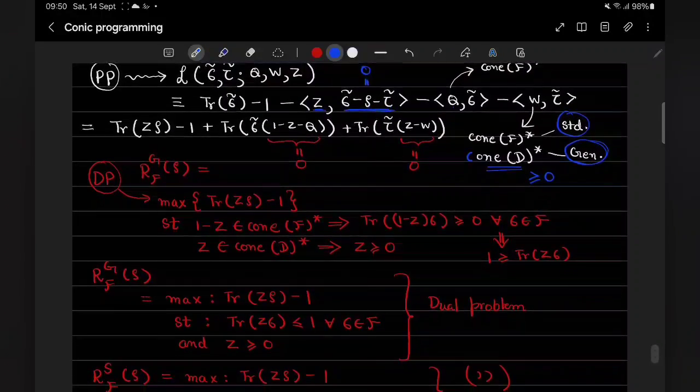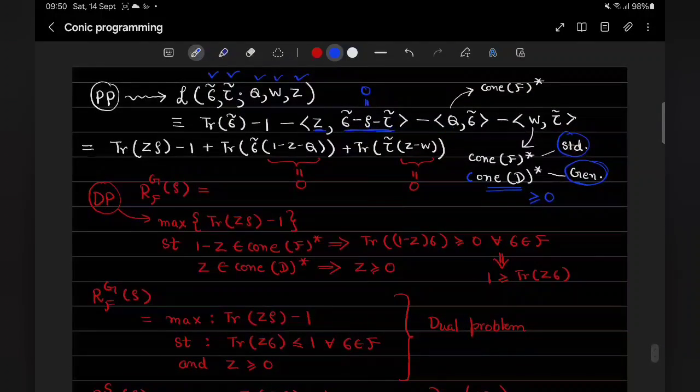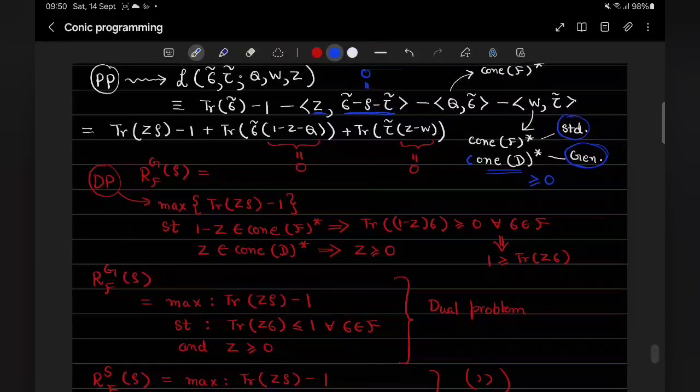So with this, we have the Lagrangian at hand, and we can simply read off the dual problem. The dual problem is a maximization over this constraint here, which has the Lagrange multiplier z. And z is a Hermitian matrix, so it is actually an observable, because the set we are dealing with is the set of observables.